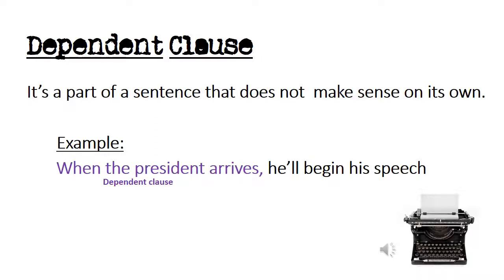This clause needs the other one to make meaning: he'll begin his speech. It means that clause number 1 depends on clause number 2. Normally, dependent clauses have words that make them dependent, such as if, after, although, because, when, among others.